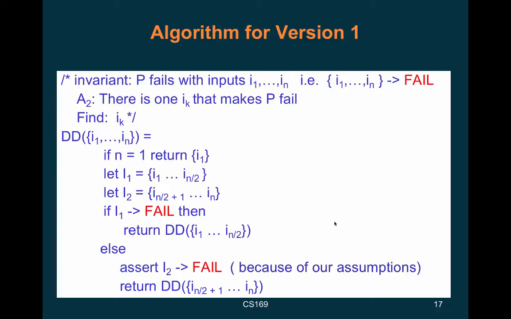And let's now talk of why this is guaranteed to work. Why is this assertion true? All you've checked is that I1 does not result in failure. You're in the else clause. Well, this is where it starts to get a little bit tricky.